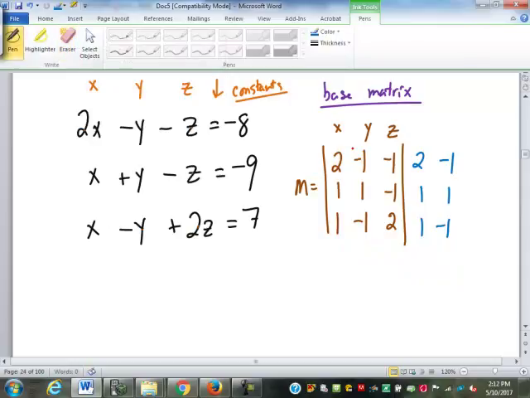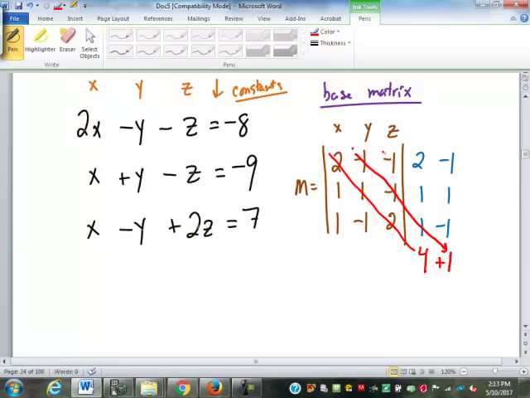So now when I do my down diagonals, I have 2 times 1 times 2. What's that give us? 4. Good. Then in my second one, I have negative 1 times negative 1 times positive 1. So negative 1 times negative 1 is a positive 1, times another positive 1 is a positive 1, right?